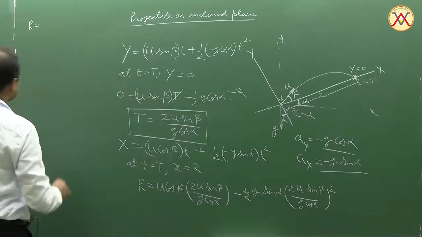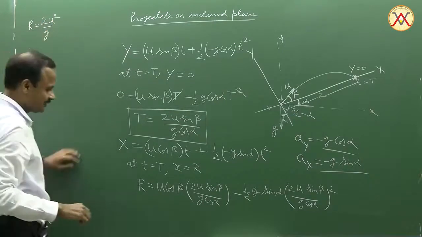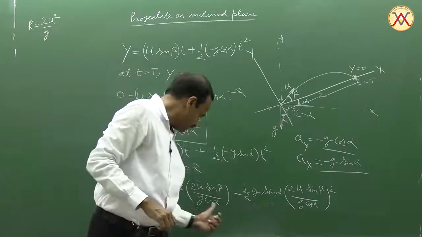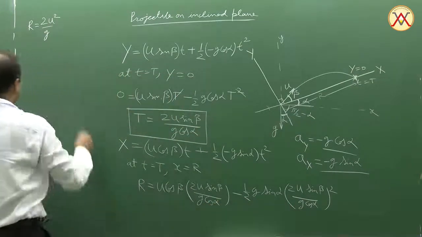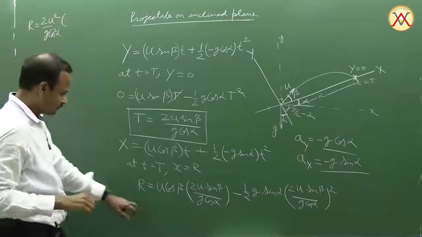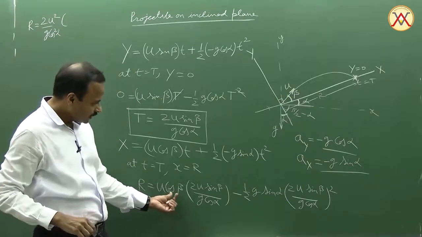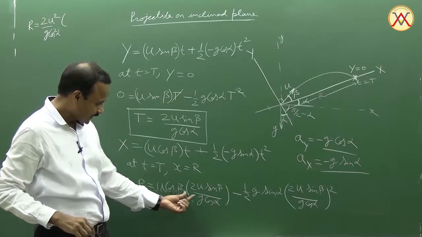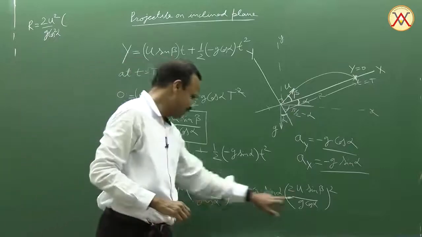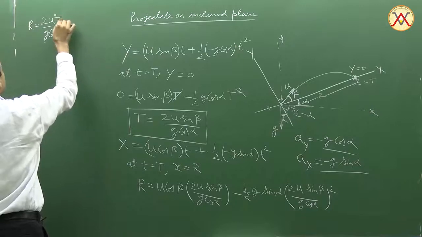So 2u square by g I can take common, and from the denominator I am taking cos square alpha as common. Let's see what is left here. Here I have cos beta. I can take one sin beta also common, since here I have sin beta and here sin square beta.